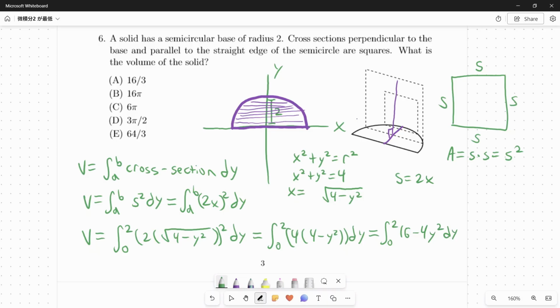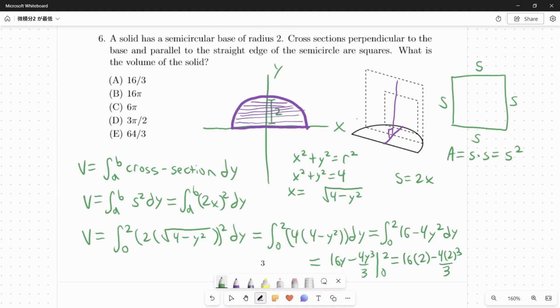And so that's a pretty simple integral. That's going to end up evaluating to 16y minus 4y cubed over 3, evaluated from 0 to 2. And then when you plug in those boundaries, you'll end up with 16 times 2 minus 4 times 2 cubed over 3. And then for the lower boundary, that's just 0. So when you plug that in, you'll just end up with a bunch of zeros. So we can just keep it as simple as this.